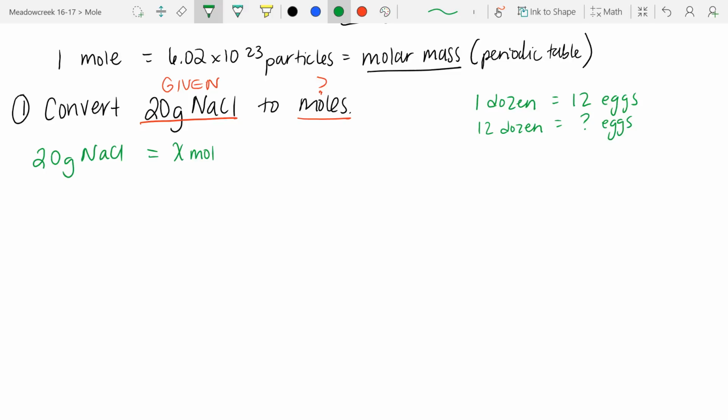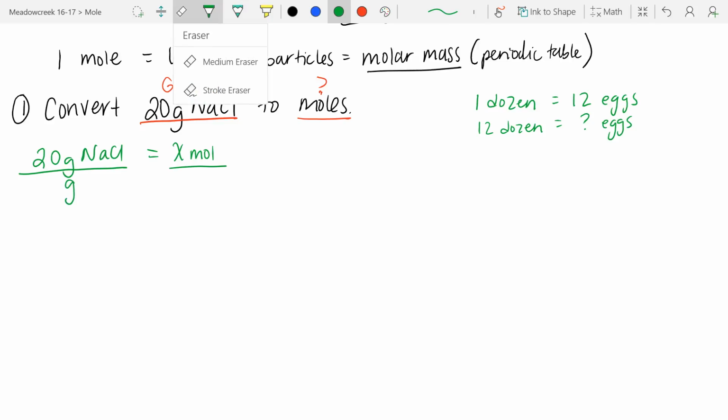When we do this, we're going to set them up as fractions. Now, when we set up our problem as fractions, the key thing is the unit, grams or moles, that's on the top of your fraction needs to also be present on the bottom of your fraction. So on the left side of my equal sign here, I have grams on the top, so I'll have grams on the bottom as well.